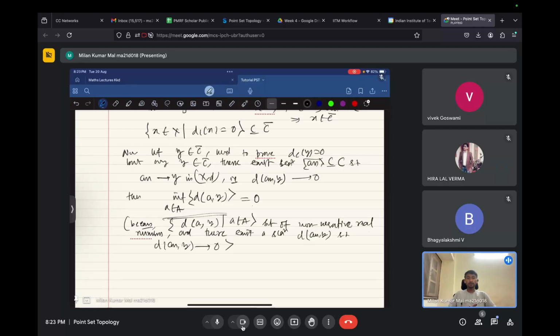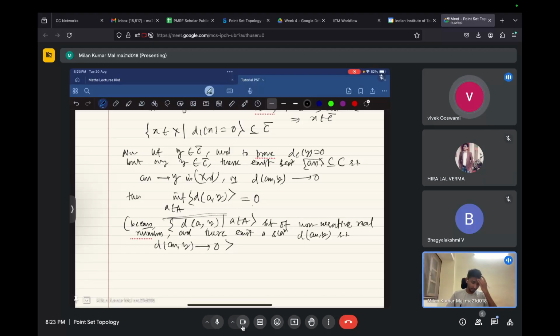That means the infimum of that set can't be bigger than 0. Is it clear? I am just saying that if you take a non-negative real number set, 0 can even be a member, and take the infimum, and if there exists a sequence which converges to 0, that means the infimum can't be anything except 0. Infimum has to be 0.